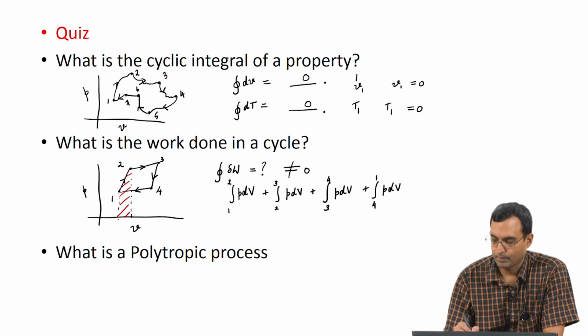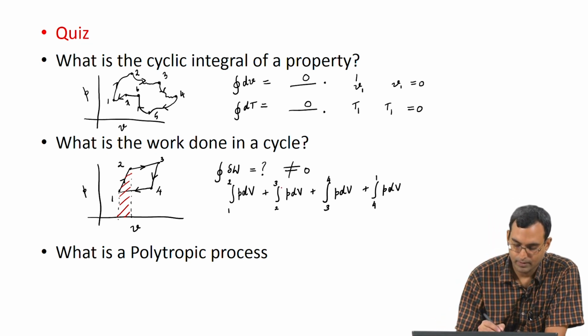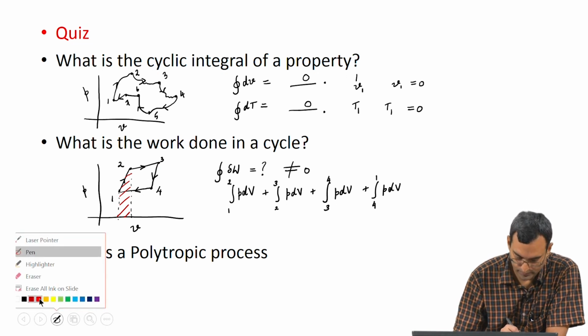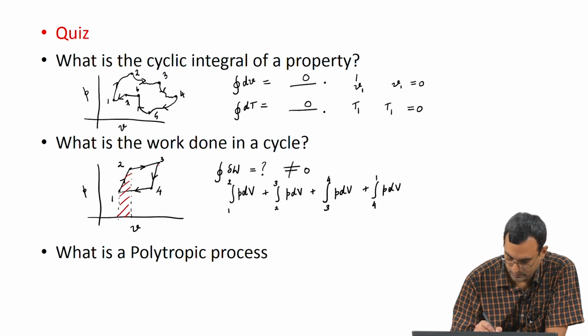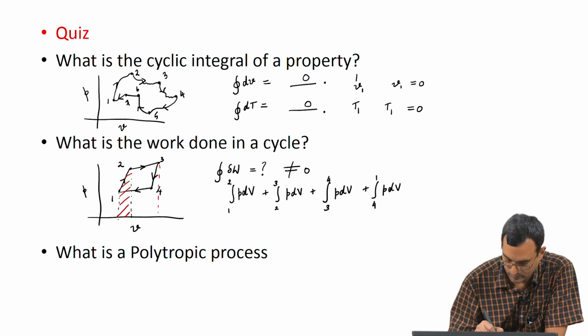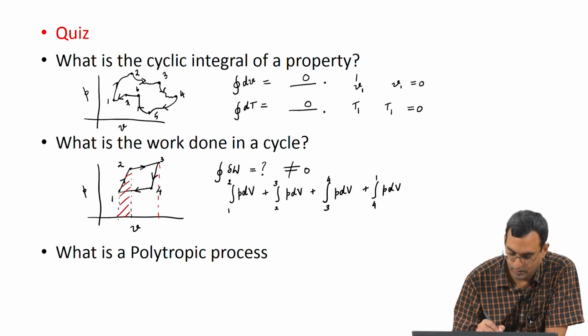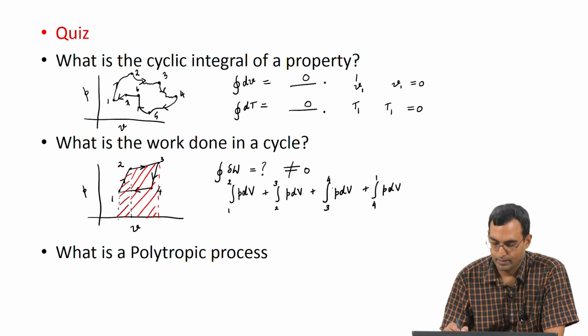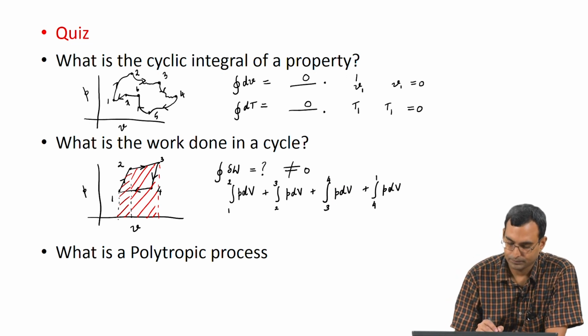The integral from 2 to 3 is the area, let us mark it in some other color, between 2 and 3 along this axis, which is essentially this area. So, we sum up those two and then the integral from 3 to 4.